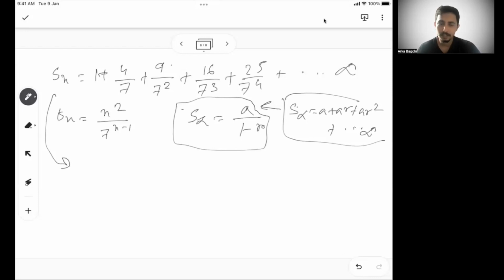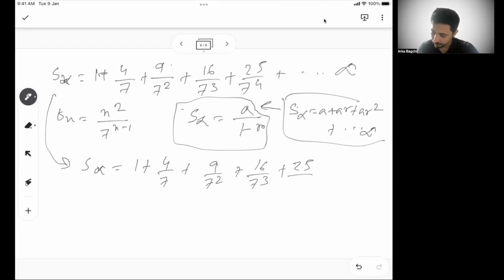Now, how to do it? So that's where you need to do some changes, and let's say S of infinite. So S is 1 plus 4 by 7, 9 by 7 square, 16 by 7 cube, 25 by 7 to the power 4 till infinite.